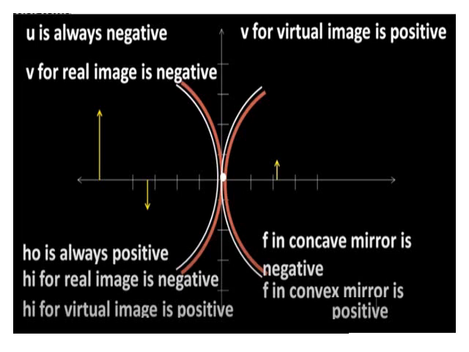So, depending upon the object position and the image position, the values of u, v, and f can be taken as positive or negative depending upon where the image is formed. Do remember that the pole of the mirror is nothing but the origin of the graph. All distance towards the left side is negative. All distance on the right side is positive. All distance above is positive, and all distance below is negative.